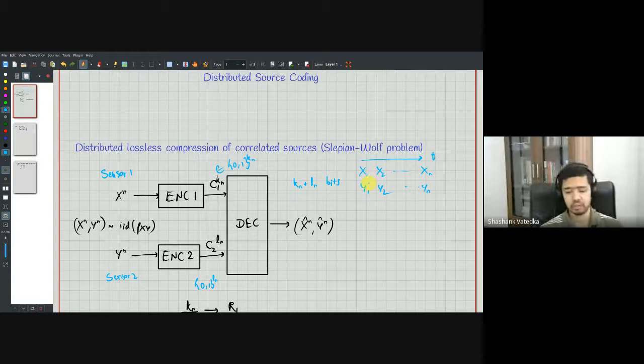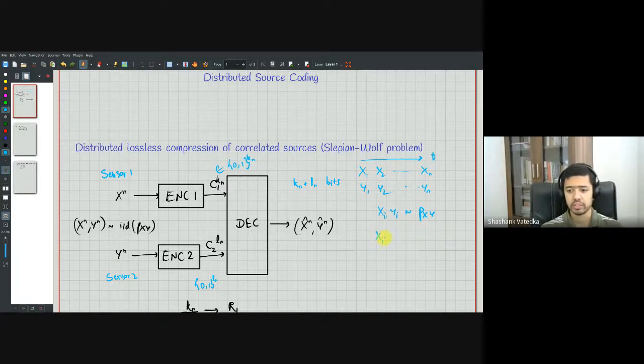But depending on the context, depending on the actual physical problem at hand, these could mean different things. Our assumption will be that for each time instant i, xi, yi are distributed according to some known distribution pxy, whereas across time they are all independent.